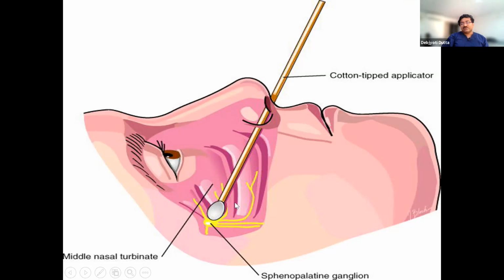That means you have to go to the middle meatus, just posterior to it. We need to put it like that, then go laterally and hold it for 2-3 minutes so that the drug gets time for diffusion. And if you continue to do that, there will be relief in pain.